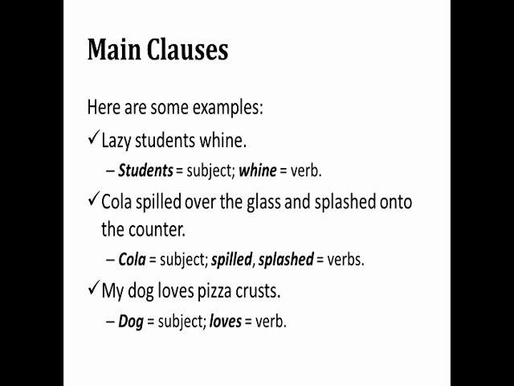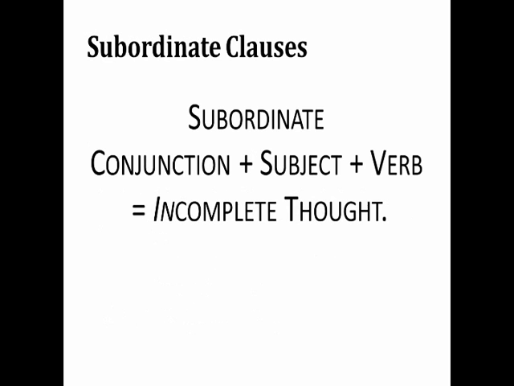Cola spilled over the glass and splashed onto the counter. So you have cola as the subject and you have spilled and splashed as your verbs. Basically, if you read this clause, it is a complete simple sentence. You have the subject and you also have the verb and it has a complete thought. Another example is my dog loves pizza crust. So you have dog as your subject and you also have loves as your verb.